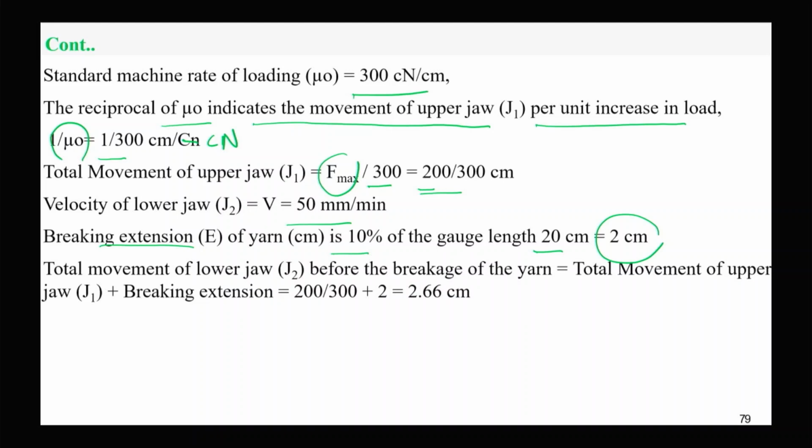So we can calculate the total movement of the lower jaw before breakage, which will be the total movement of the upper jaw plus the breaking extension, as the upper jaw moves.